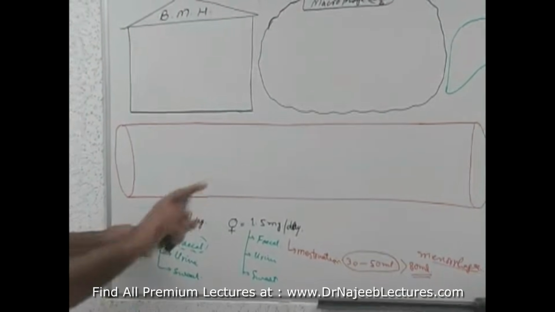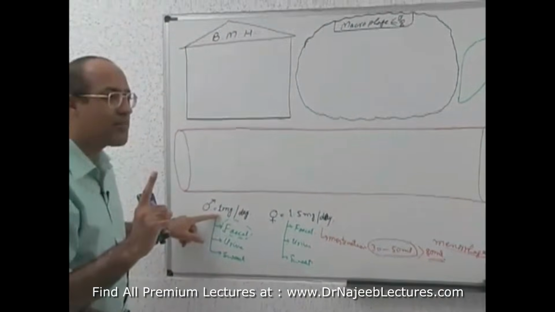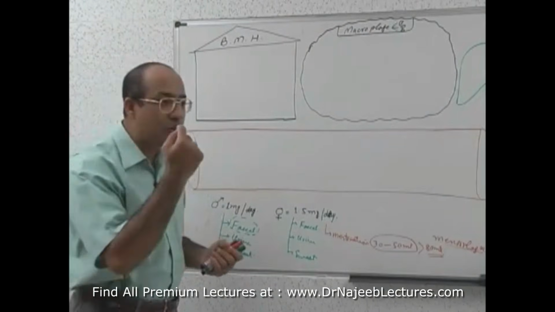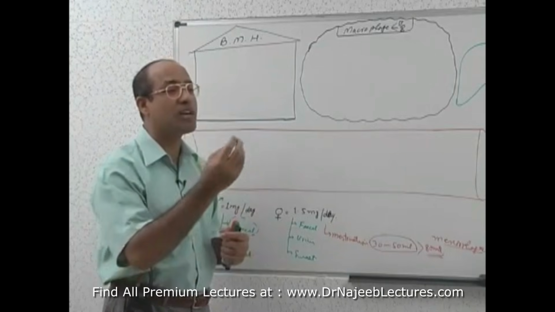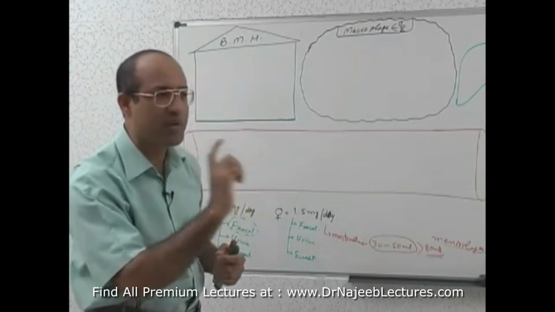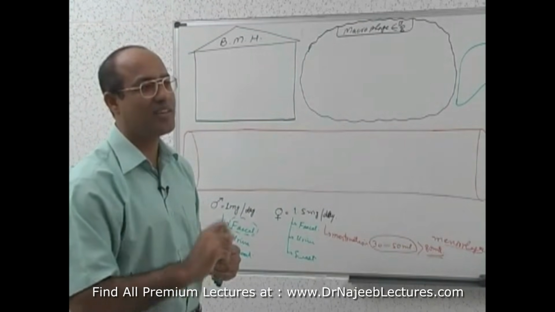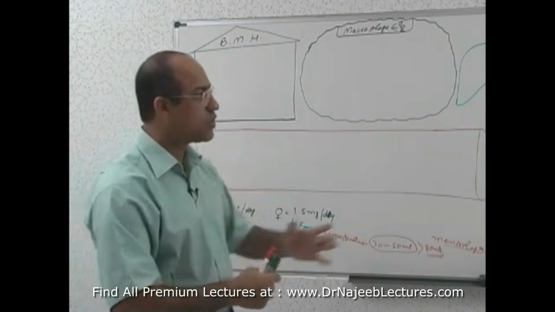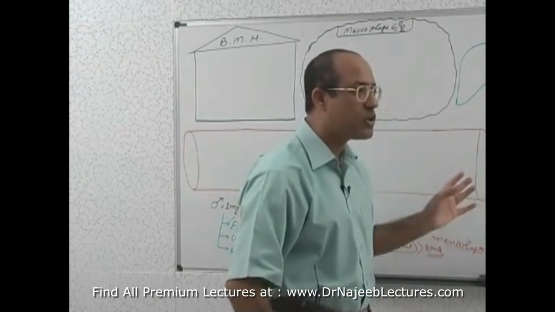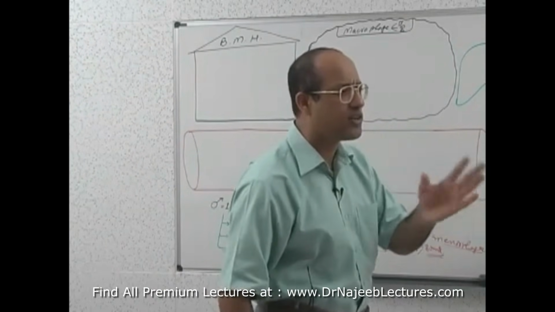For example, as a male, you need every day 1 milligram. But you cannot absorb 1 milligram iron by taking 1 milligram, because usually whatever iron you take, about 10% is absorbed. This is a very important point. Whatever iron you take, if your absorption mechanisms are good, you absorb approximately 10 to 15%.